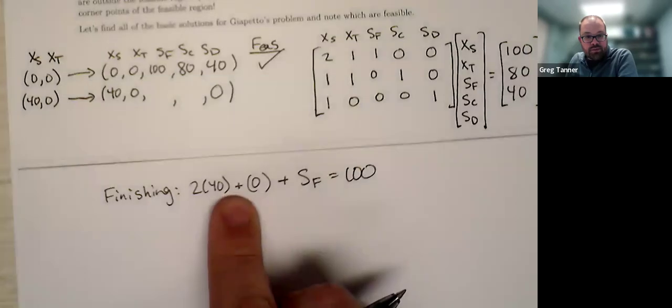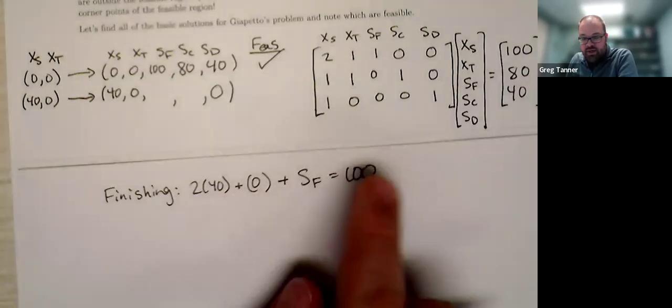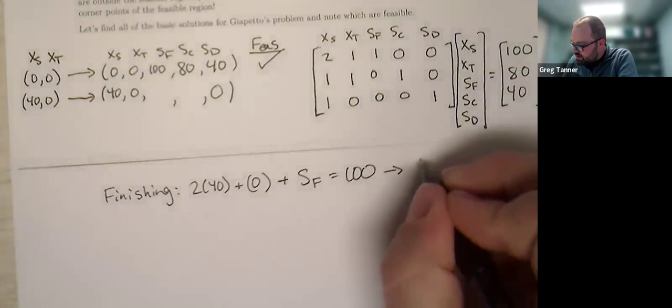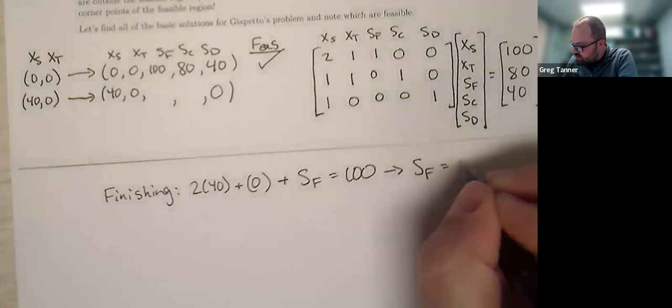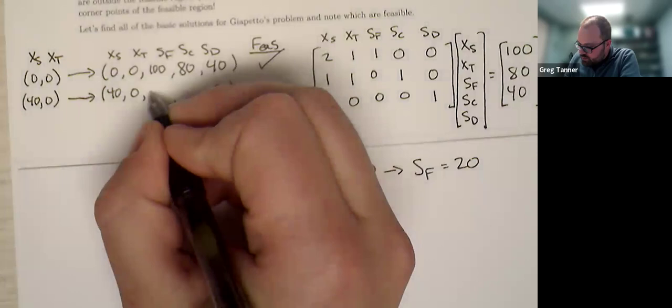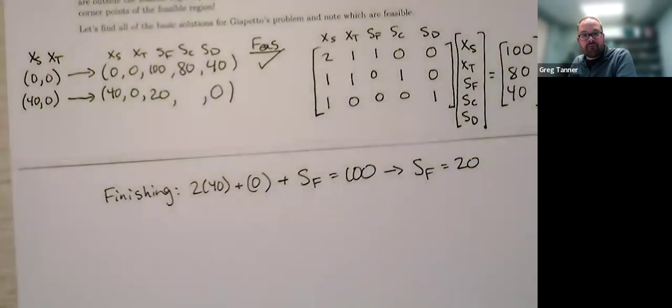So 2 times 40 is 80. I'll subtract 80 from both sides. And so that gives me SF equals 20. So I've got 20 extra finishing hours of labor.